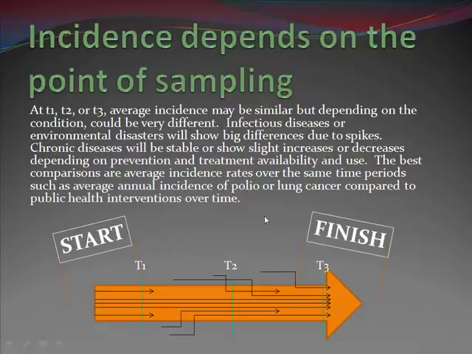So incidence depends on the point of sampling. At time t1, for example, here, where this green line is, the average incidence may be 1 particular value, and at time t2, as some people have dropped, some people have converted, and some people have jumped in and contributed only small amounts of person time, you will have a slightly different incidence rate as compared to t3 that averages over the entire observation period.